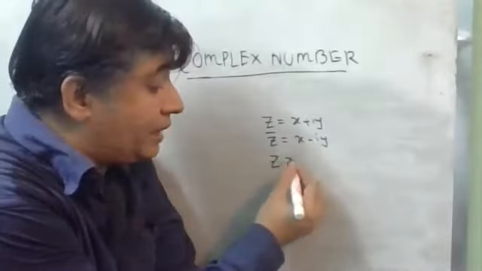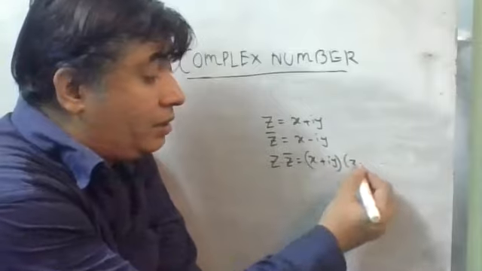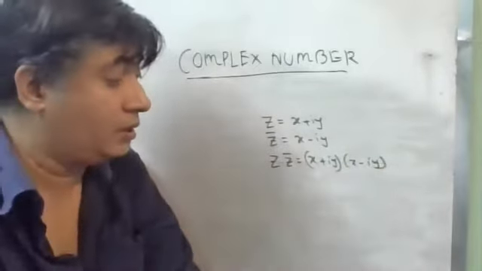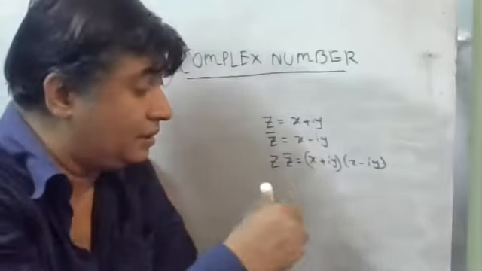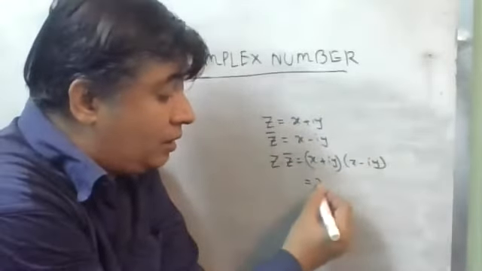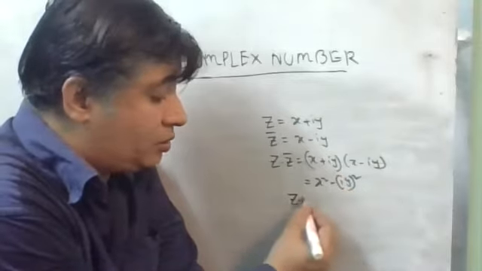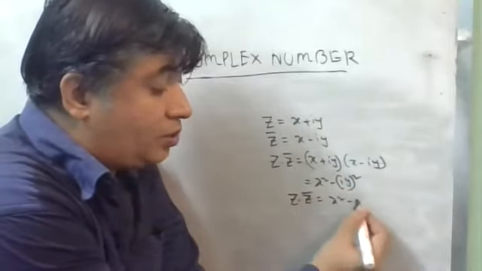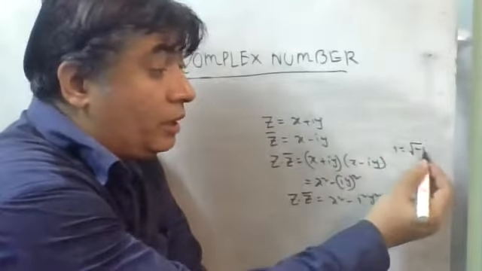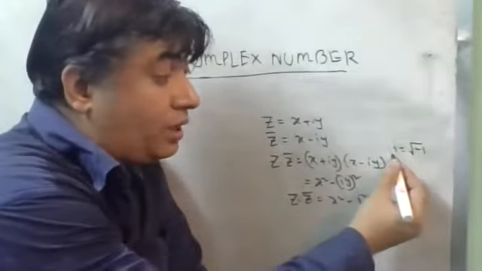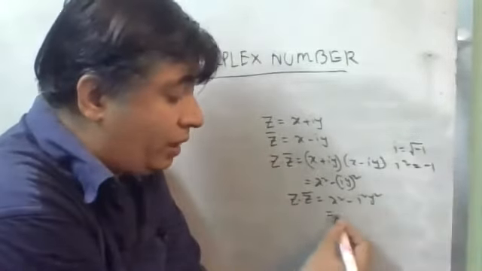So you multiply z into z bar and see the outcome. x plus iy into x minus iy. What formula does it follow? You were taught in junior class, a plus b into a minus b is a square minus b square. So z into z bar is x square minus i square y square. What is i? At the beginning of the class, I told you i or iota is equal to root minus 1. So i square is minus 1. Put that there.